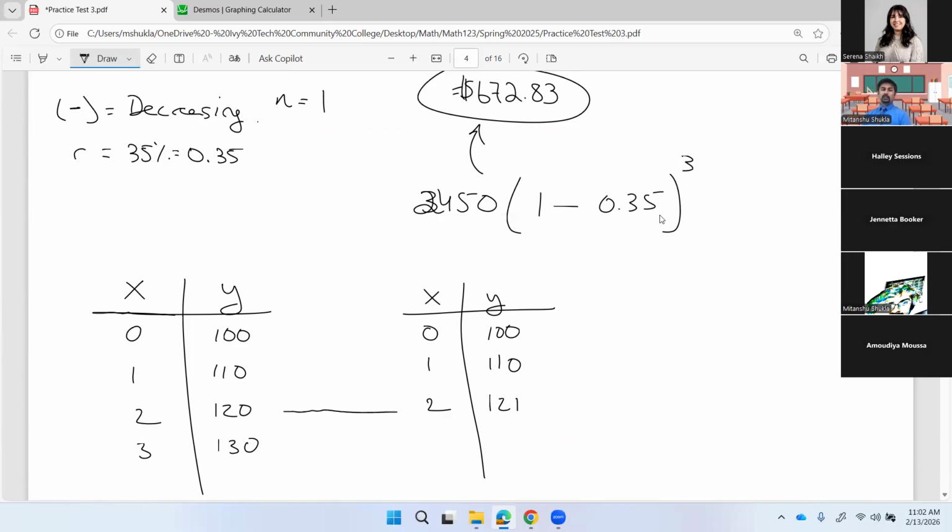You can see that this starts diverging. Year 3, I'm going to add $12.10. So I'm going to have even more than $130. I'm going to have $133.10. Right? So this is the power of compounding.